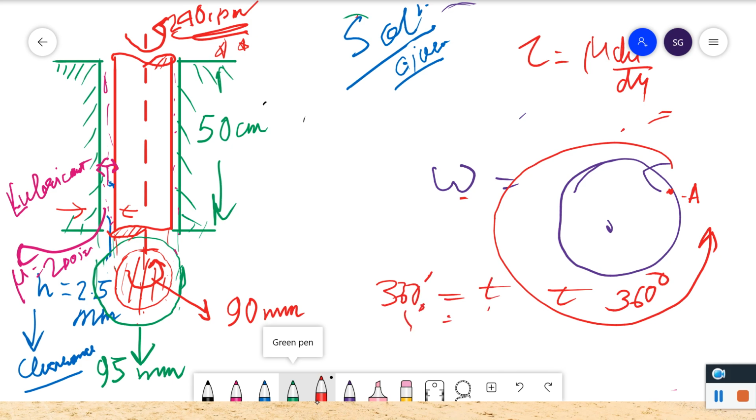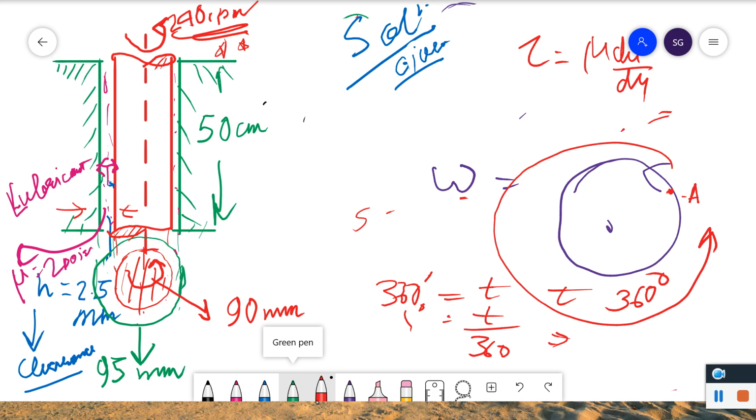So 1 degree is equal to t upon 360, and you know that speed is equal to distance upon time. What I said, speed is equal to distance upon time. So there is no problem in this. What is there? It is the angular distance upon time. So this angular speed, omega, will be, this distance means 2 pi r, means 2 pi.